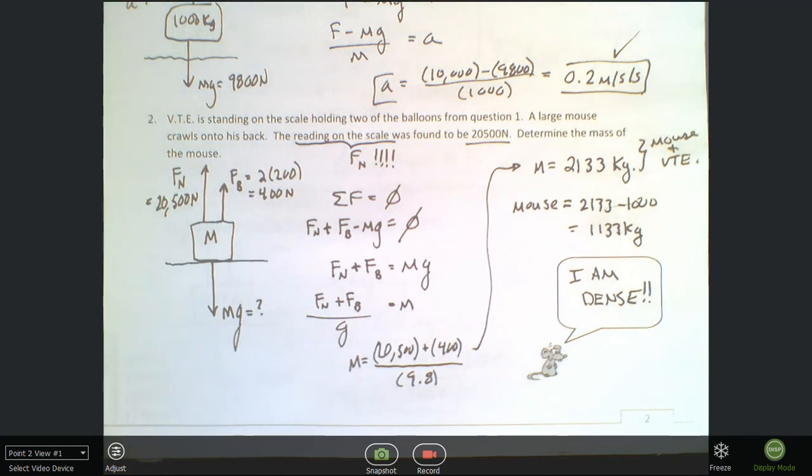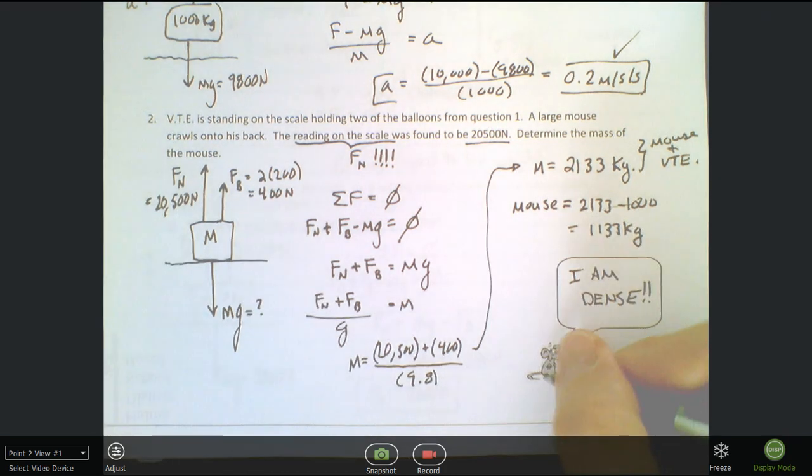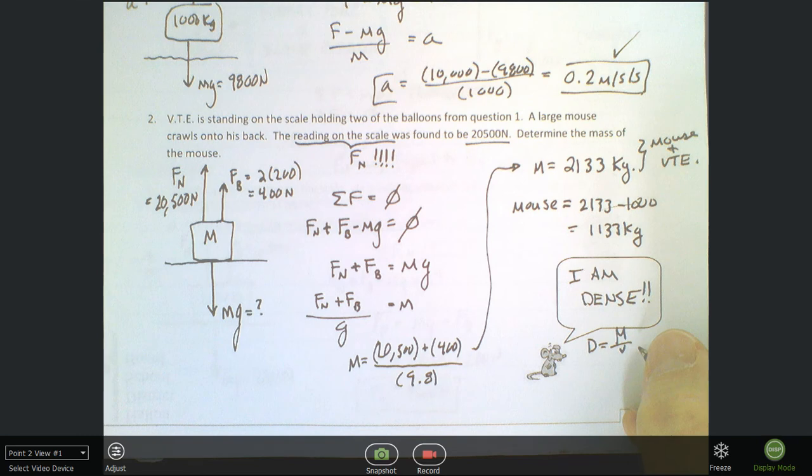It's got to be super dense. This mouse has more mass than that whole elephant, yet it's contained in this tiny little package here. So his density, he has this massive amount of mass and this tiny little volume, which makes no sense. But that's, I guess, how I made the question.